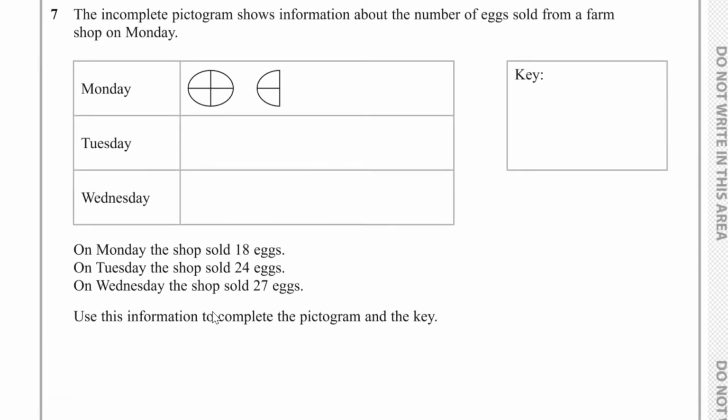Question 7. The incomplete pictogram shows information about the number of eggs sold from a farm shop on Monday. And we're told that on Monday the shop sold 18 eggs, on Tuesday the shop sold 24 eggs, and on Wednesday the shop sold 27 eggs. And we have to use this information to complete the pictogram and the key.